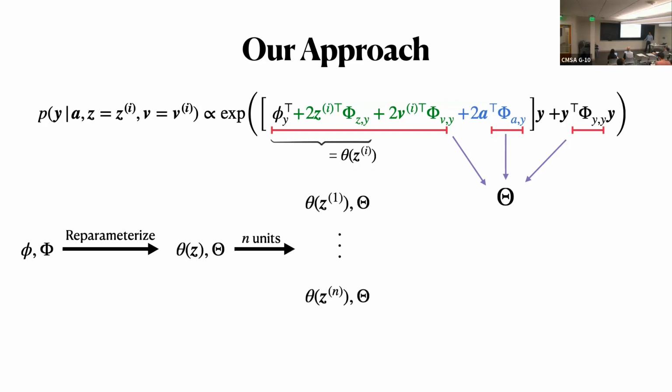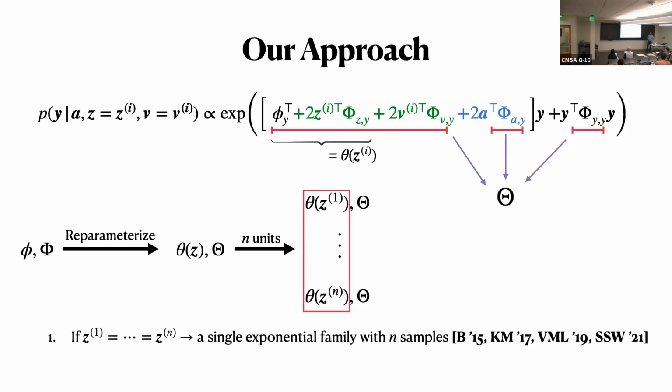And for n units, effectively now I have the following setting. There's common capital theta, different small theta, common edge parameters, different node parameters. Suppose all z's were the same, so there are no different confounders, which is effectively there's nothing to worry about.